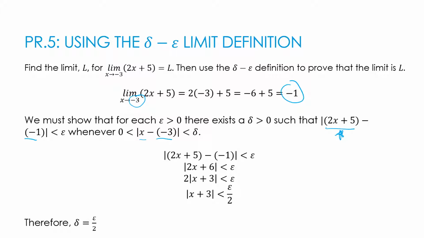So as I can see, I've got my minus negative 1, which is plus 1. I added 5 and 1 to get 6, factored out that 2. Again, just using epsilon the whole time on the right side. And when I divided each side by 2, I got that the absolute value of x plus 3 has to be less than epsilon divided by 2. Therefore, that's delta. So what does this do for us? This tells us that if you give me an epsilon, I can give you a delta, or vice versa.